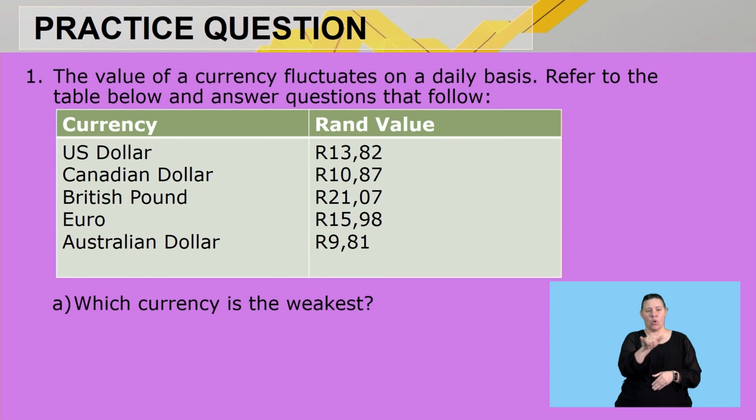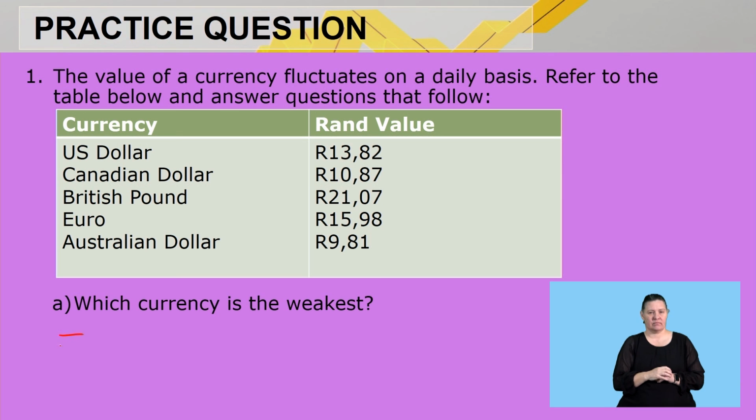Number A, which currency is the weakest? Firstly, you look at the given context. According to this, the weakest currency would be the one that has the lowest value, or shows a decrease in its value. When we look at all of these currencies, we have an Australian dollar with a value of 9.81 rand.